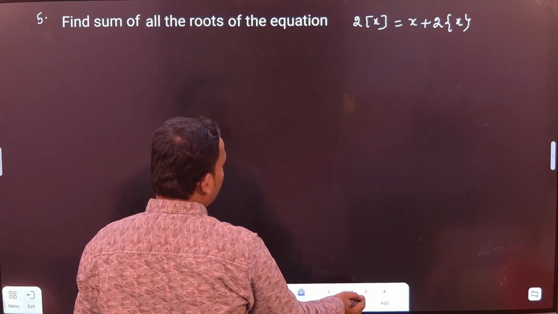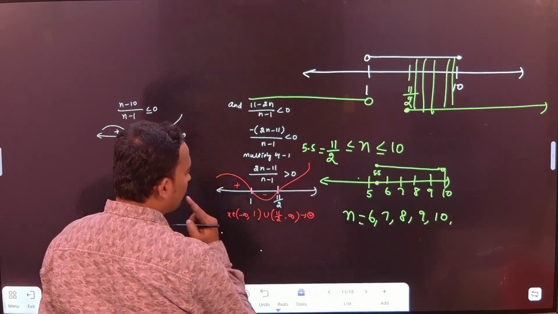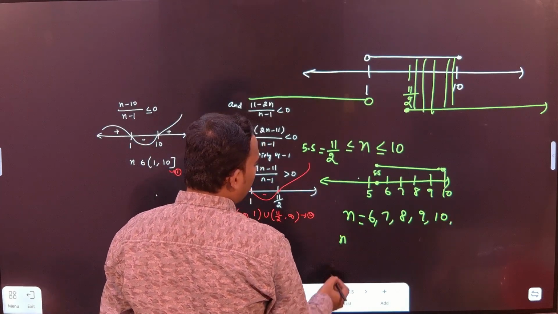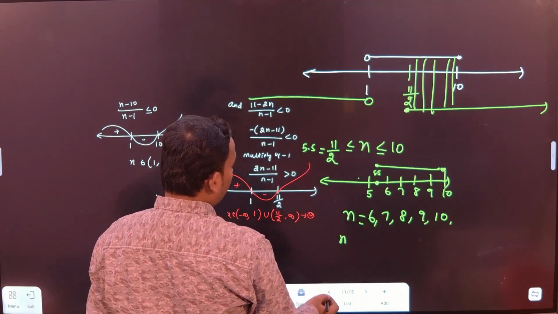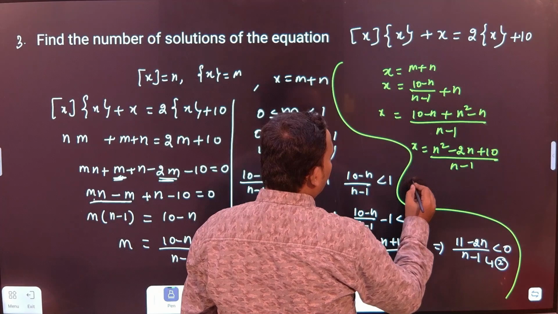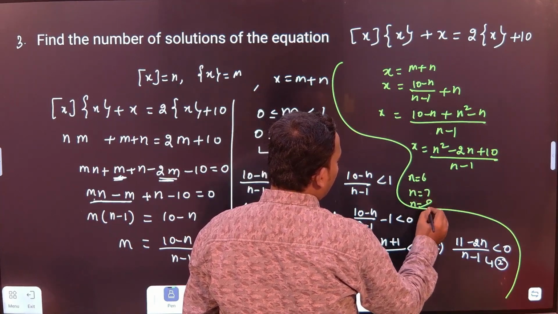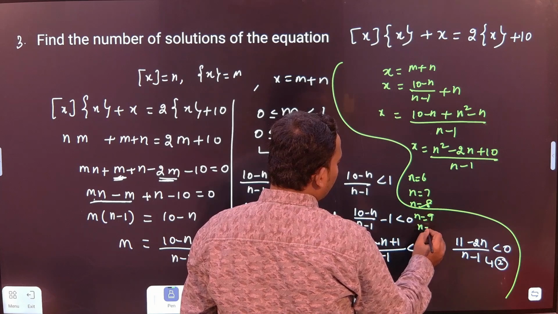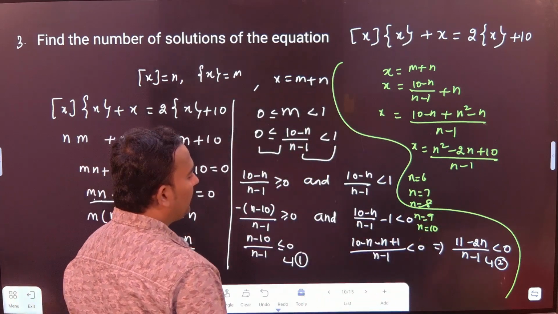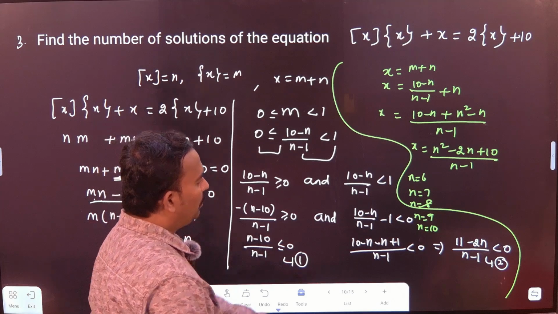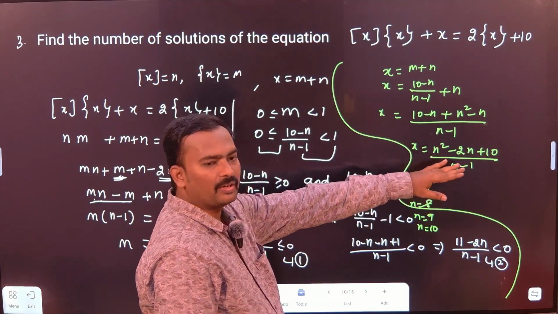You can take n is equal to 6, n is equal to 7, n is equal to 8, n is equal to 9, n is equal to 10. You can find the number of solutions, right? If you put n here, you will get one solution. Just find it out here.